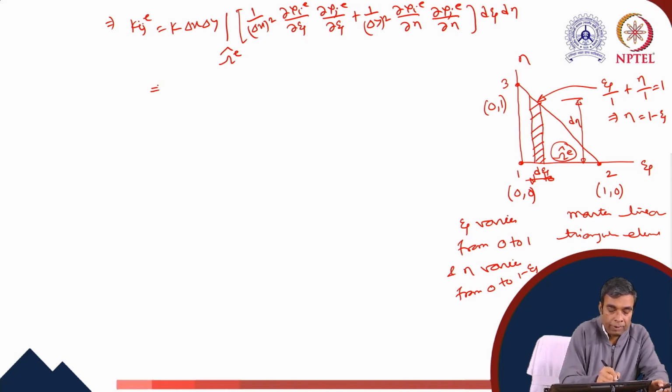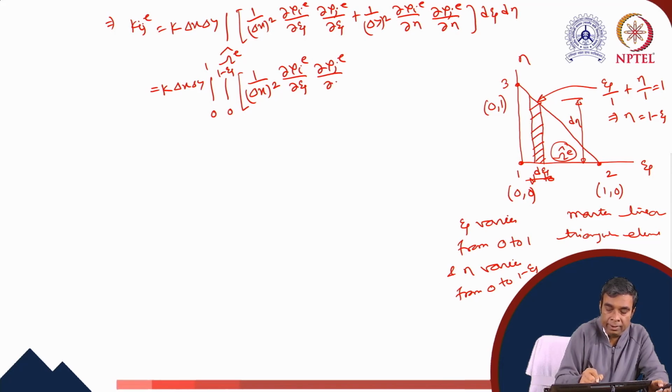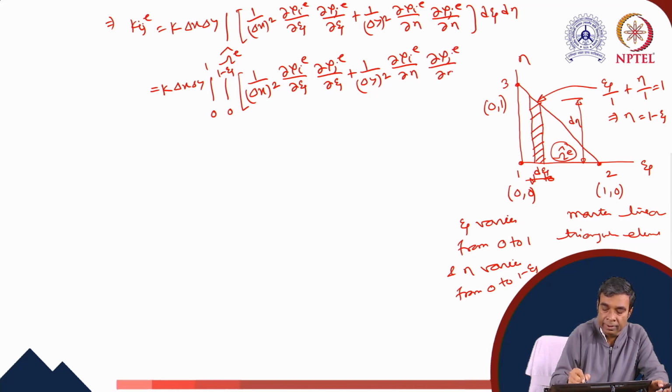So we have got the limits of our integration. This is k delta x delta y; for xi the limit of integration is 0 to 1, for eta it is 0 to 1 minus xi. The integrand is 1 by delta x whole square del psi ie del xi del psi je del xi plus 1 by delta y whole square del psi ie del eta del psi je del eta d xi d eta.